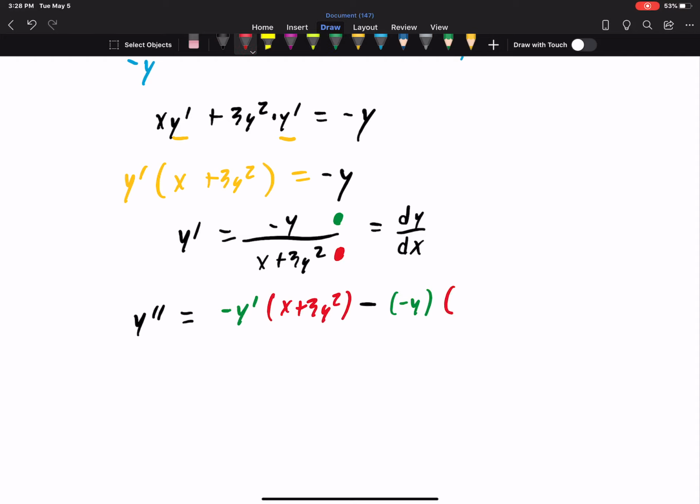So the derivative of x is 1. The derivative of 3y squared is going to be 6y to the first times y prime. Okay, you can see that by putting some parentheses around this y and then using the chain rule.